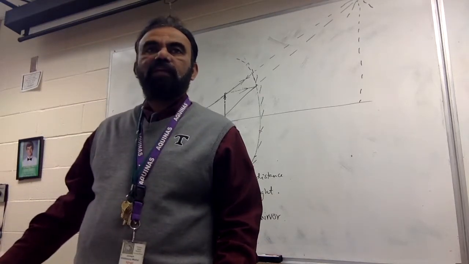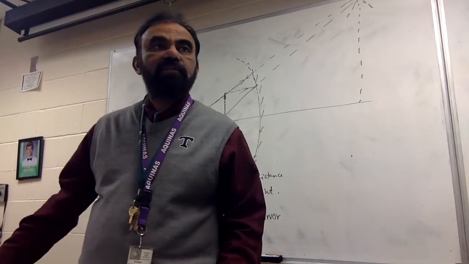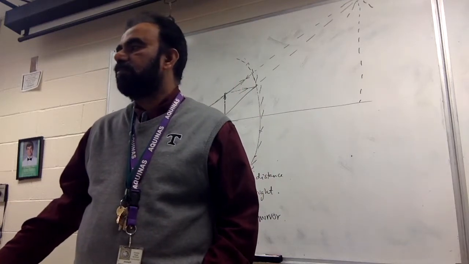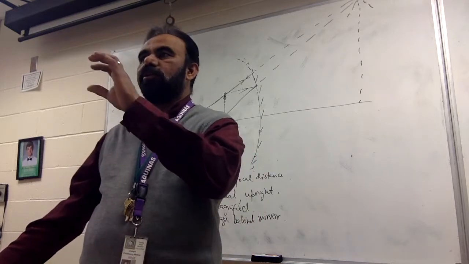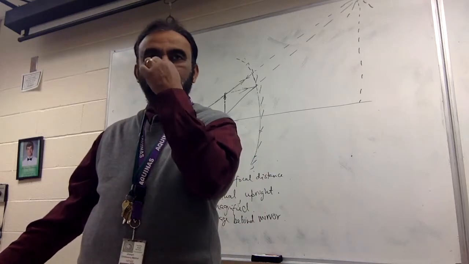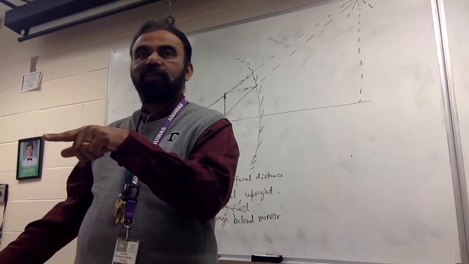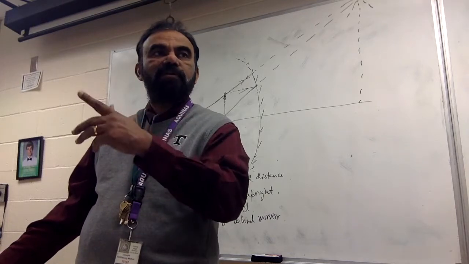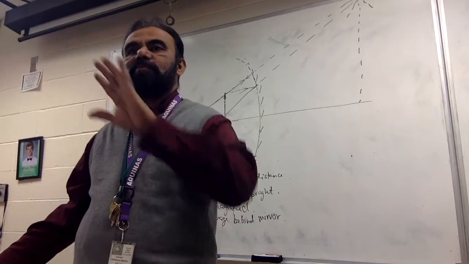If you want to make an image upside down, then you can use a concave mirror and just flip the image. Sometimes, when you're looking at something using an optical instrument, the image will come out upside down. If you want to flip it, use a concave mirror and put the object at the center of curvature. It will just flip the image for you.